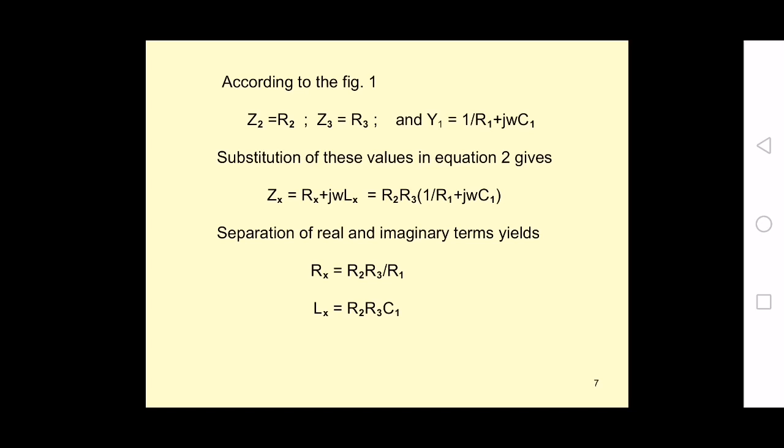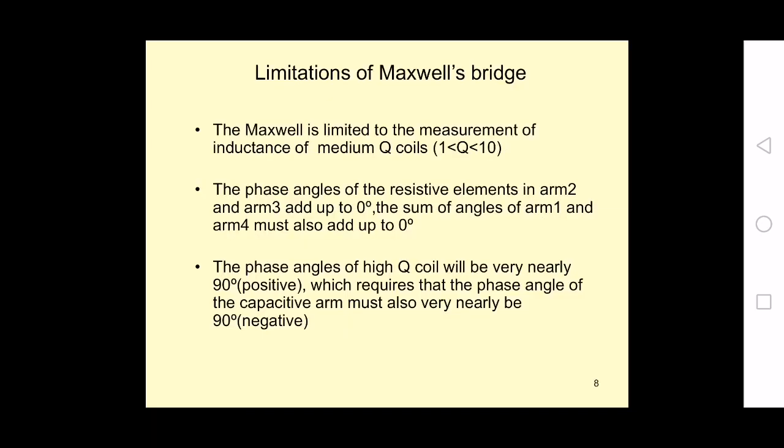So from this equation you can say that the unknown inductance is obtained in terms of the known capacitance C1. So Lx is R2 R3 C1, which is used to calculate the unknown inductance in terms of the known capacitance.